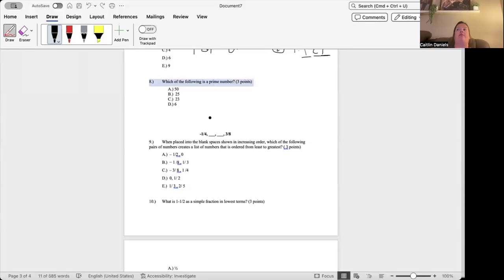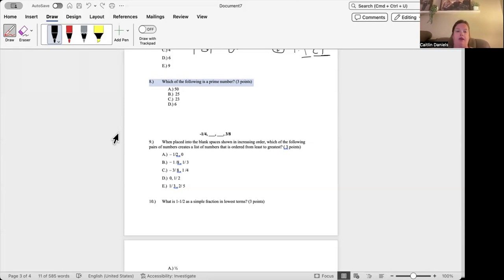I think I'm just having a brain moment because I don't think that's correct. Prime number is whenever it cannot be divided by anything else. It's like the lowest form it can go.